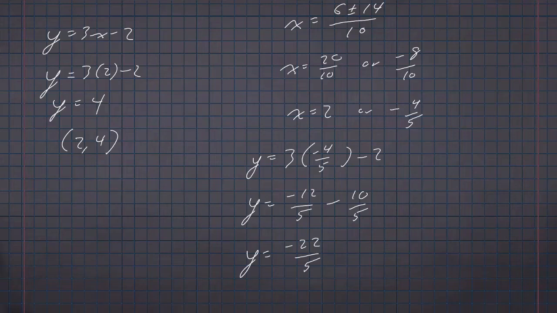So I get that (-4/5, -22/5) is also a solution to this equation. And so with that, I have solved a nonlinear system of equations and gotten two possible solutions.